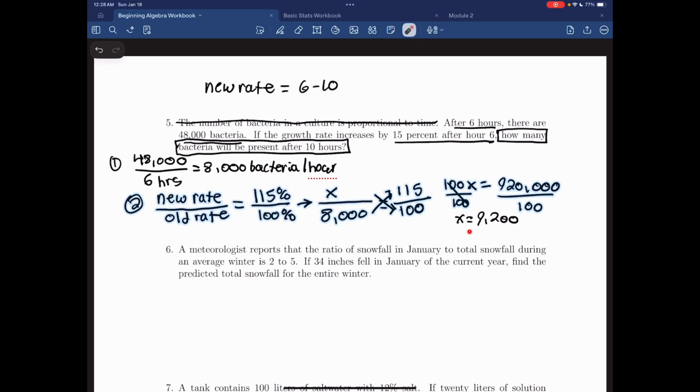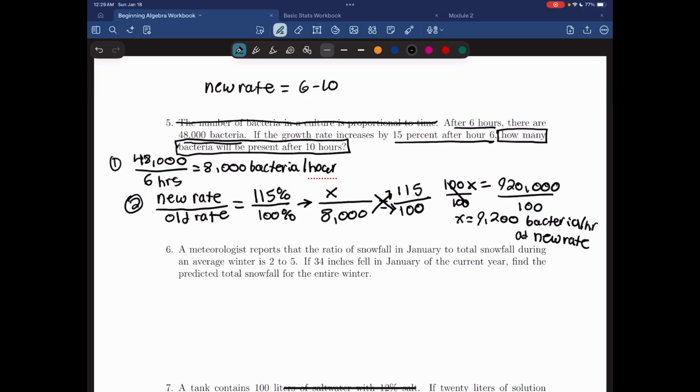So this means this is the amount of bacteria that is produced in 1 hour with the new rate at an extra 15%. So this means 9,200 bacteria per hour at the new rate.